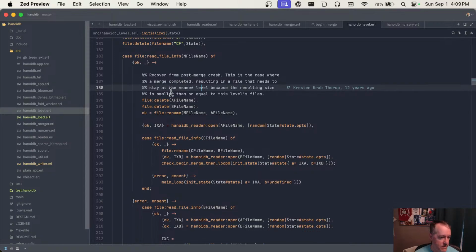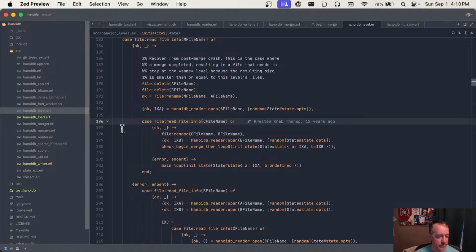Okay, file rename. So this is saying the merge completed, so there's this M file. You delete A and B, right? And then you rename it to A. Okay, and then you open the file you just renamed, the new A file.